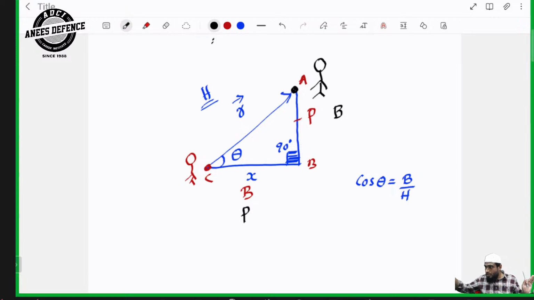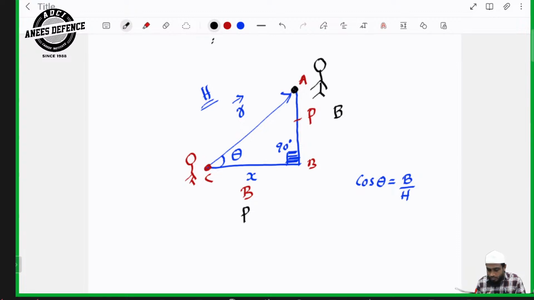After 5 minutes we change positions, now your right side is me and my left side is you. But we are still inside this room, so that can be considered as the hypotenuse. Hypotenuse is always fixed, the side opposite to the 90 degree. Base and perpendicular will adjust with respect to which angle you are considering.